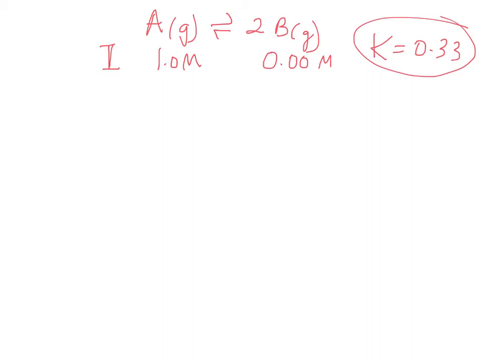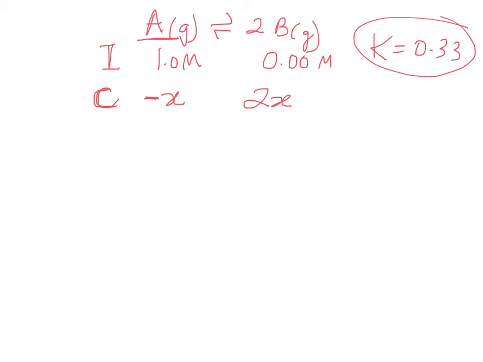Now, let's say that as the reaction occurs and a change has taken place, the change with respect to A is, let's say, x moles. So for every x moles of A that is used, that means there should be a negative sign, there will be 2x moles of B that will get generated, right? One more time.